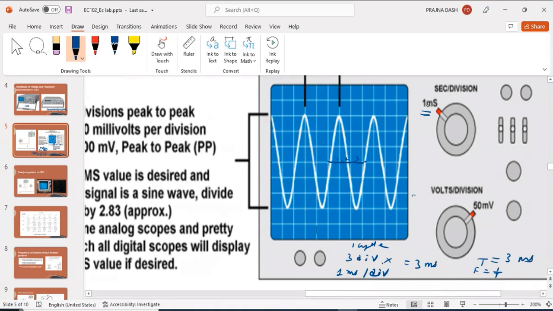The knob is set at 1 millisecond, which means 1 millisecond per division. So 3 divisions times 1 millisecond per division is 3 milliseconds. The time period is now 3 milliseconds. So frequency will be 1 by 3 milliseconds, whatever value comes, that you need to calculate. That will be the frequency. In this way, you can calculate the frequency of the signal from the CRO.